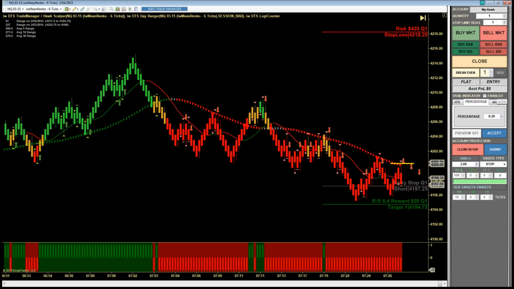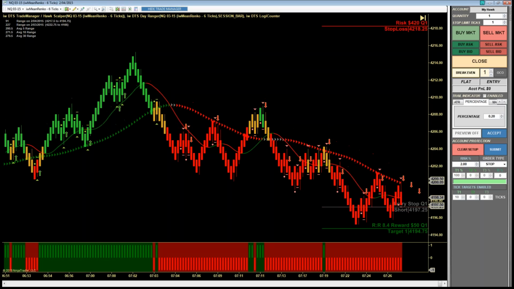This itty-bitty trade down here or this great big trade up here? Which one do you think has the greatest chance of reaching the profit target before hitting the stop loss? Well, obviously, the one with the deeper stop, right? So why would you strangle your trade when you can risk the same amount and increase your probability of success?